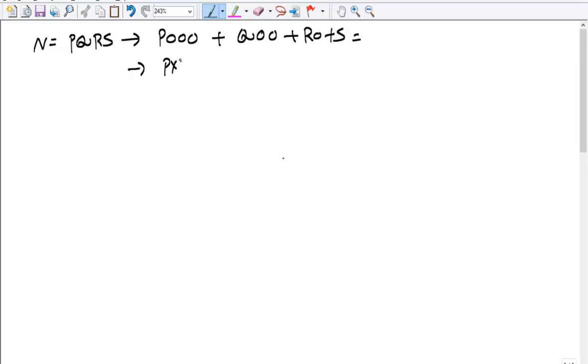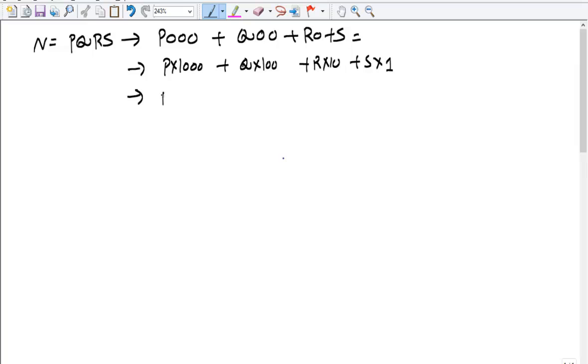In the previous two classes I have taken n as PQRS. This is nothing but P triple 0 plus Q double 0 plus R 0 plus S, which is P into 1000 plus Q into 100, R into 10, plus S into 1.